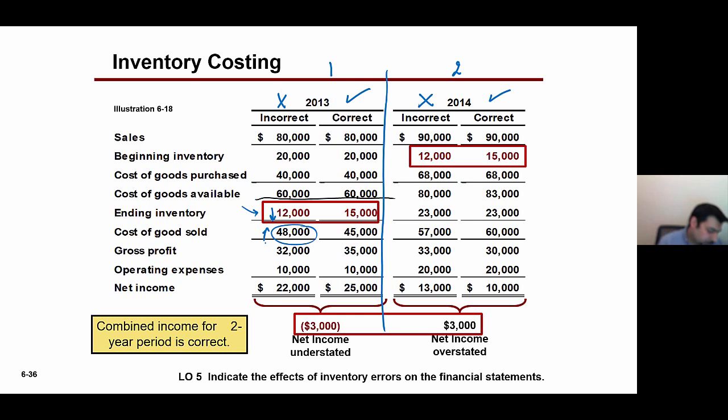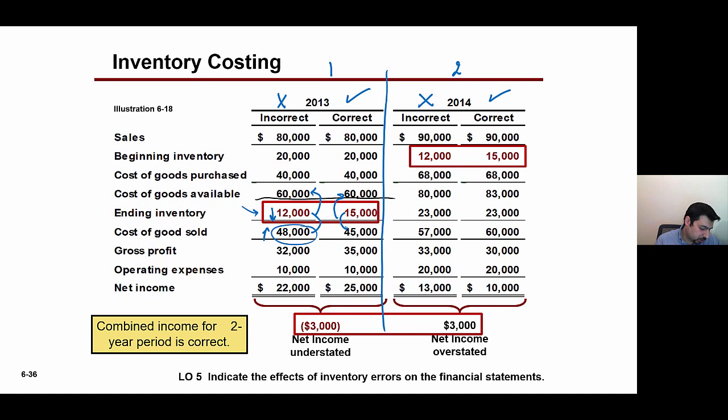Remember that the sum of the 2 numbers must be equal to the cost of goods available for sale. So if one of them was understated, the second will be overstated. And here also, the 2 of them together will be equal to the cost of goods available for sale.